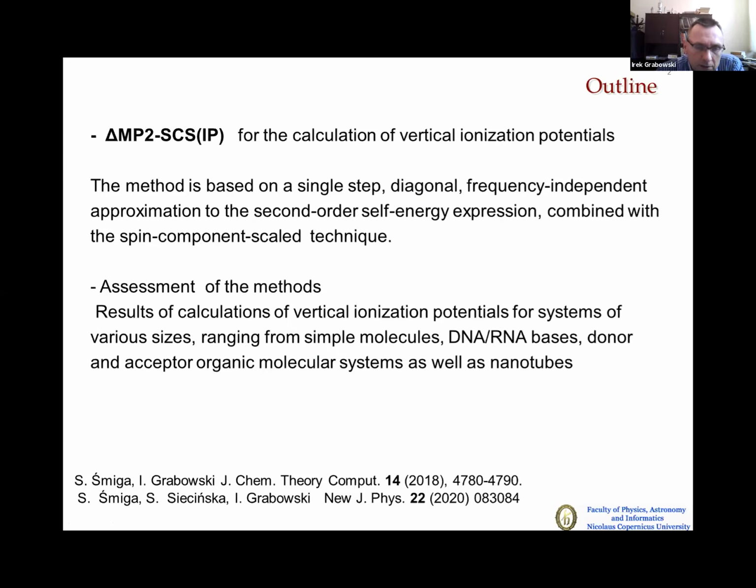There are a lot of benchmark sets prepared for calculating ionization potentials, but we also did some calculations for real systems like DNA, RNA bases, and also some photovoltaic molecules. The method was published 2 years ago, and the assessment of the method was published recently in the New Journal of Physics.